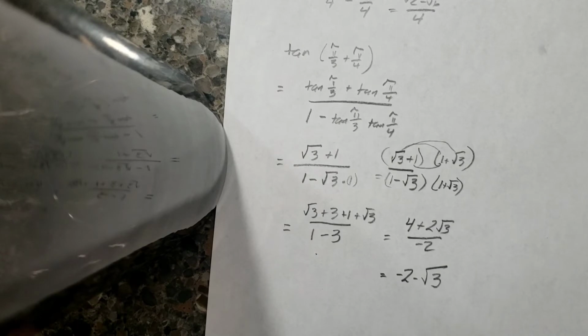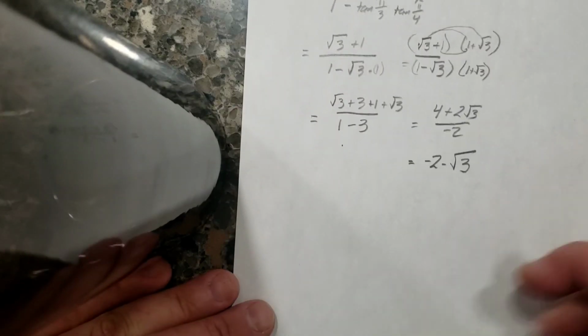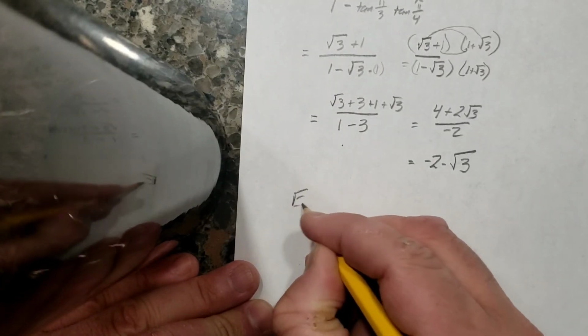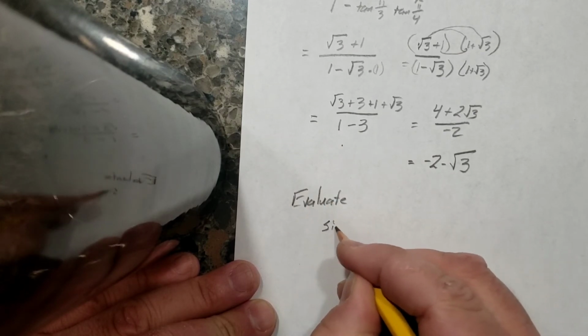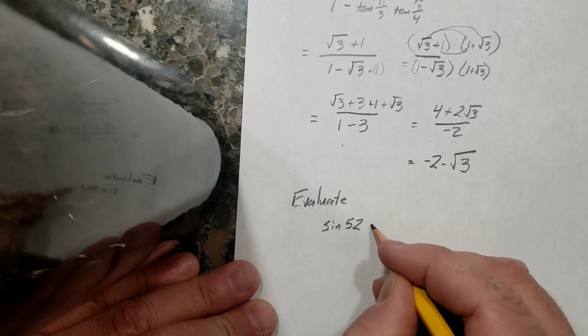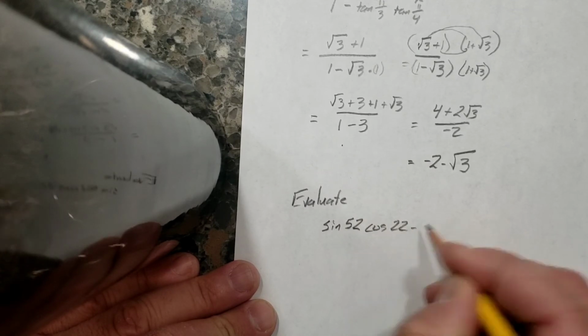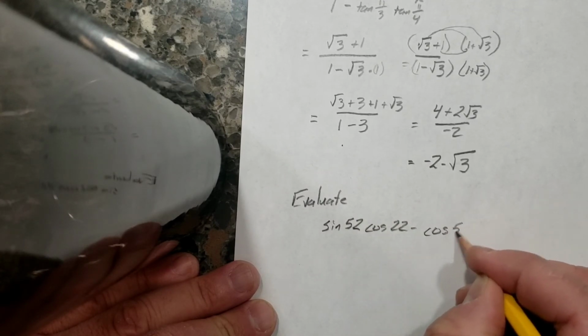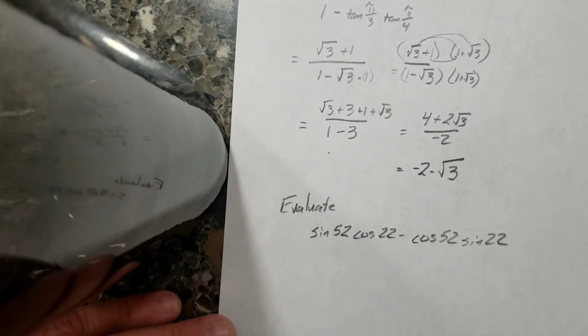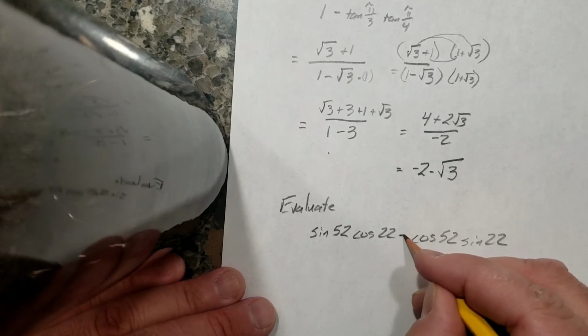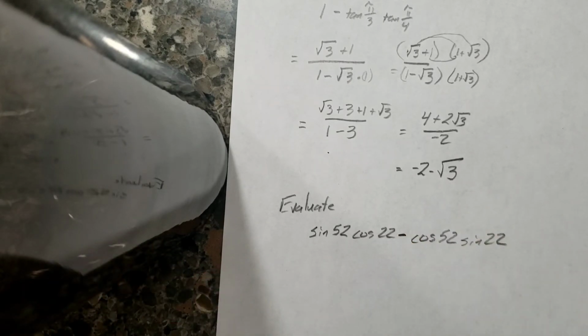Sometimes you might see it along the lines of a question that looks like this. Evaluate sine 52 cosine 22 minus cosine 52 sine 22. Now, the first thing you're going to look at is that you have a difference formula.